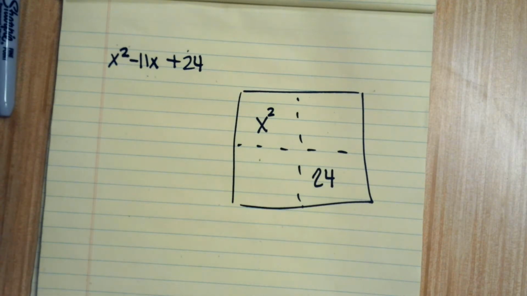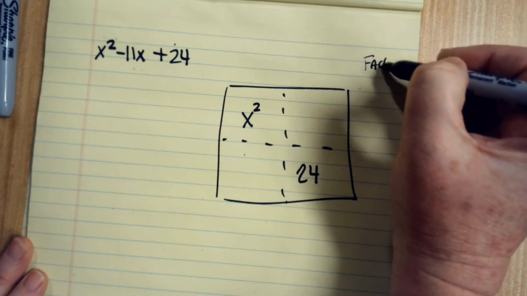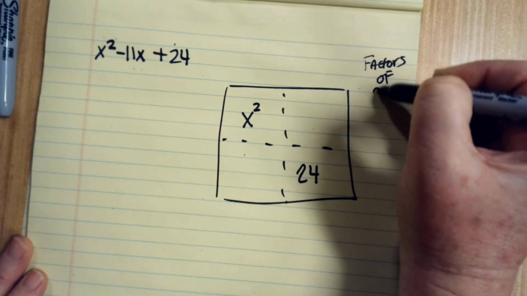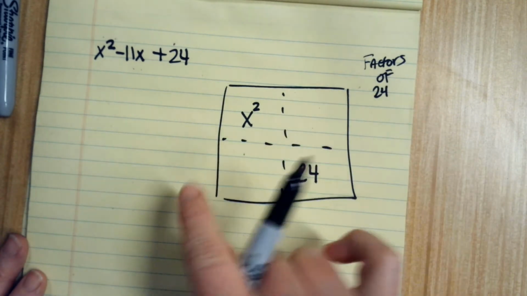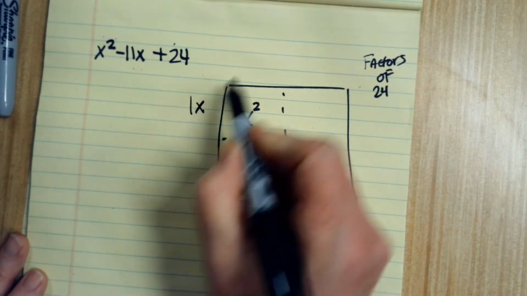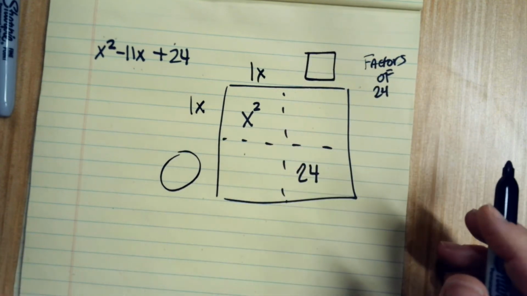But if you multiply two positives, you get a positive. Or if you multiply two negatives, you get a positive. So when we list the factors of 24, we want both of them to be negative. We know that we have two negative numbers on the outside here in this circle and this square.